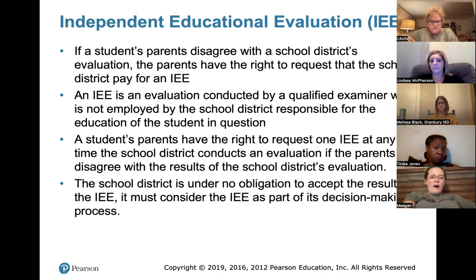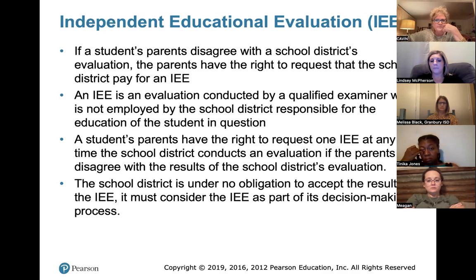I want another IEE. Well, they can't have another IEE. They can only have one IEE for any given test. Now, if somewhere during that next year, let's say the school district says, well, we want to test the student for autism, and the parent disagrees with that, well, then they could ask for an independent evaluation for the autism that's separate from the cognitive and achievement that they already had the IEE for.